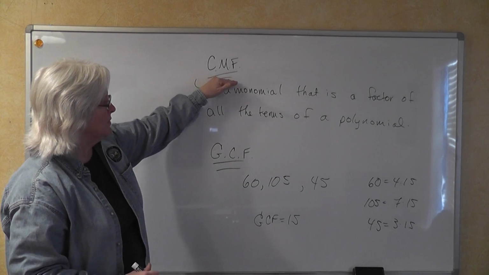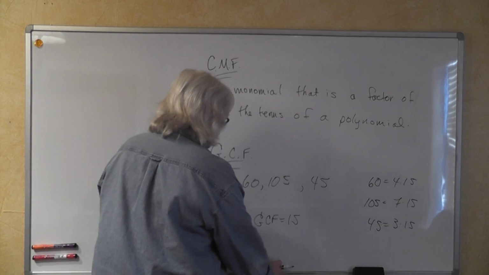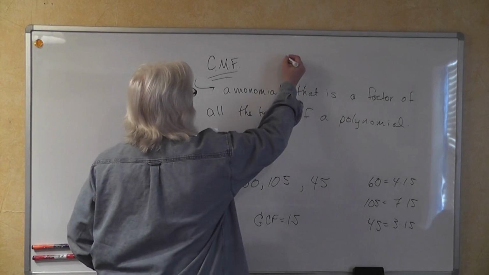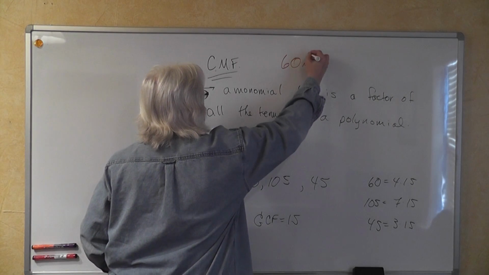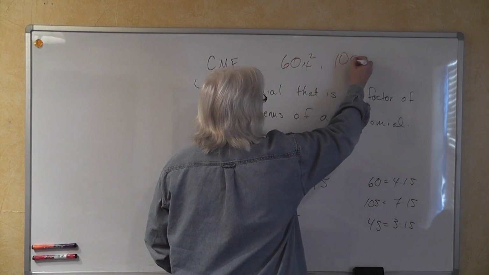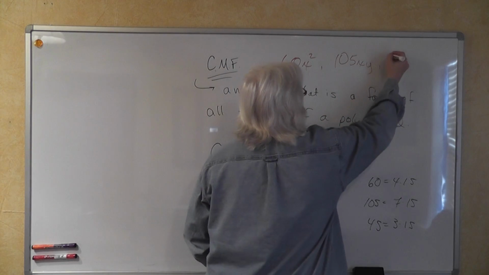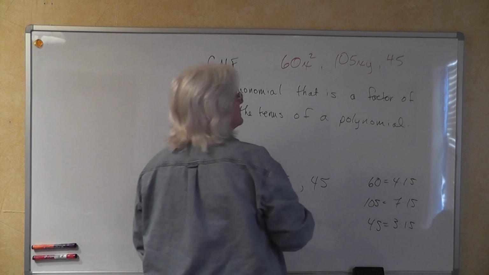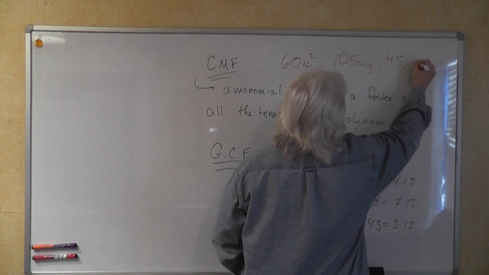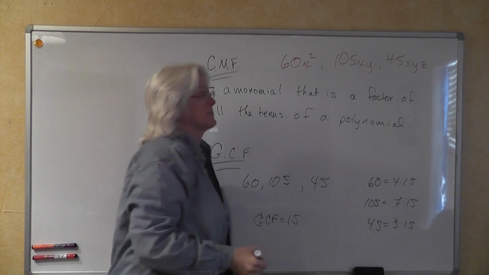Our common monomial factor would be, let's just say that we have 60x squared, 105xy, and 45xyz.